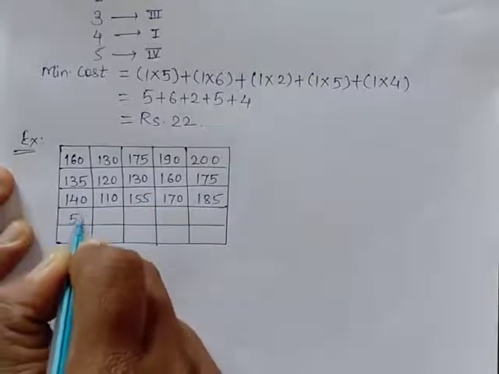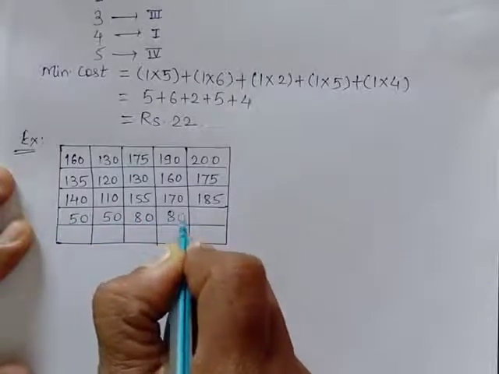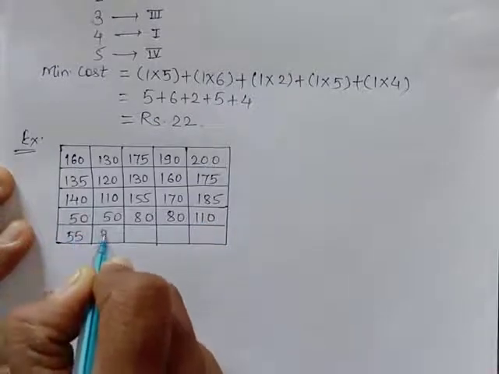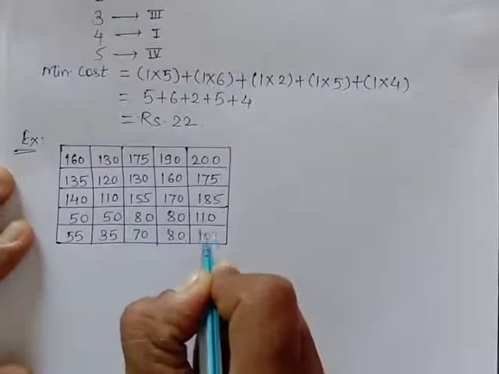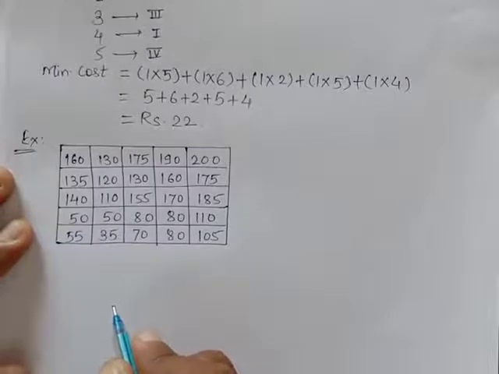This is 50, 50, 80, 80 and 110. 55, 35, 70, 80 and 105.